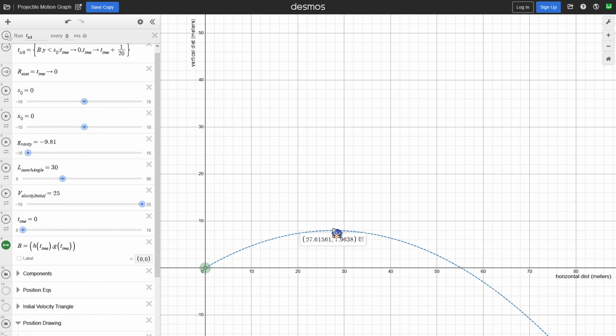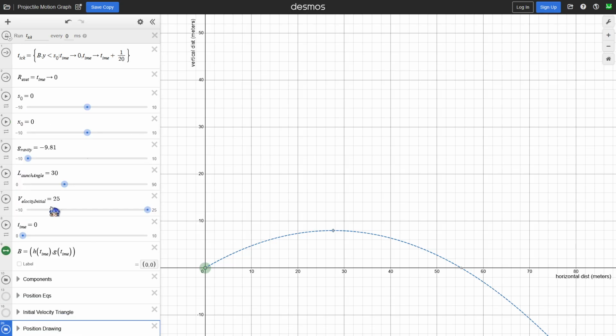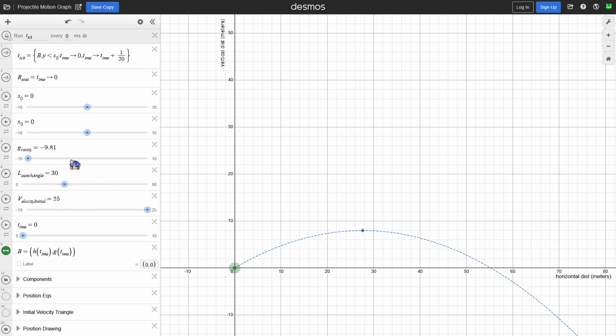So here it's at about 27.5 meters, where it'll reach a maximum height of about 8 meters. Yeah, that's about it. It's not very sophisticated. I mean, you can go through it one by one to see how its position changes. Yeah, not much to it.